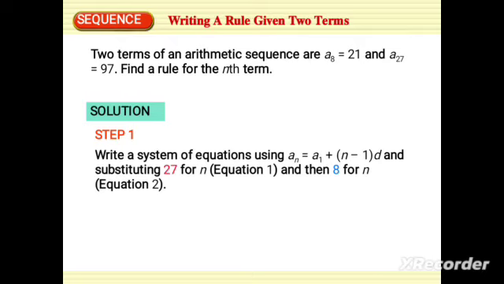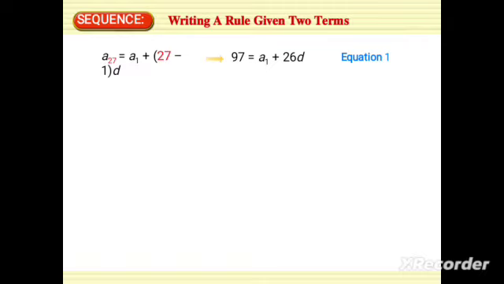So step number 1, write a system of equations using the nth term, that is a plus (n minus 1) d, and substituting 27, when n is equal to 27, to form one equation. And the other one you substitute when n is equal to 8 to form the second equation. Of course you are going to have simultaneous equations, which you will solve using any method. Could be elimination method, substitution, or whichever.